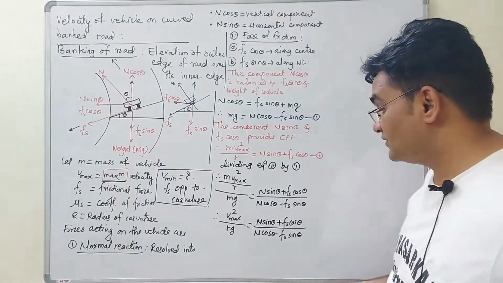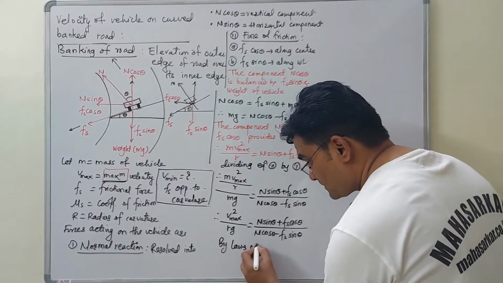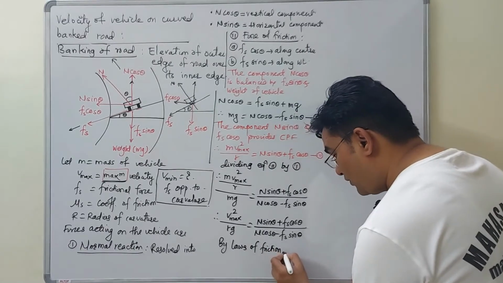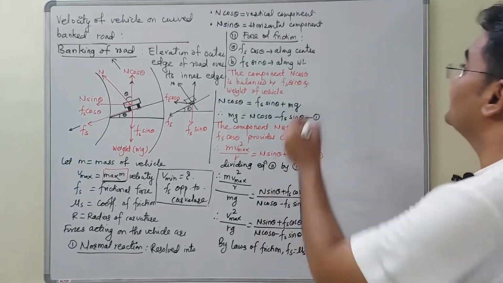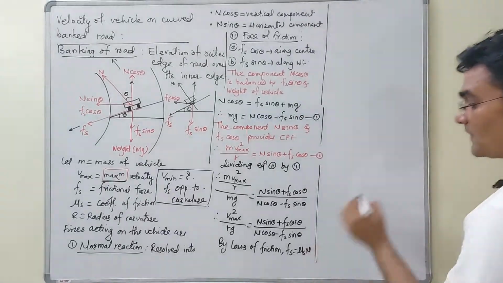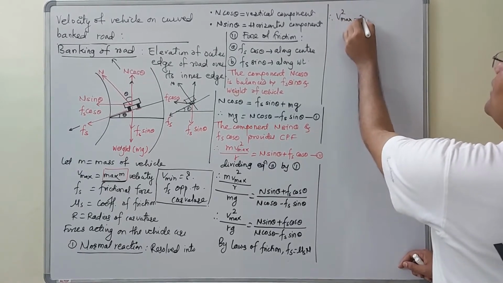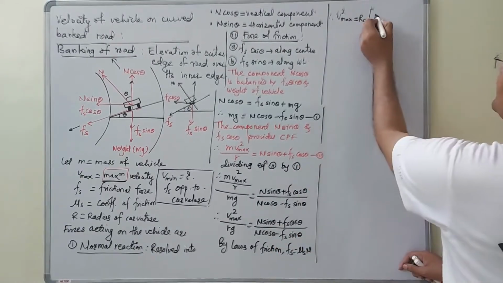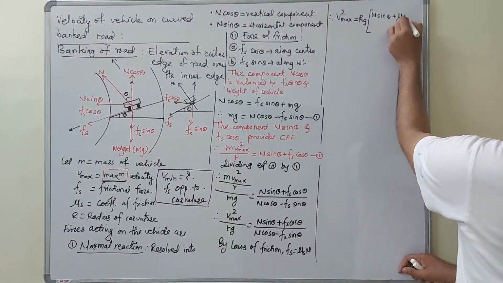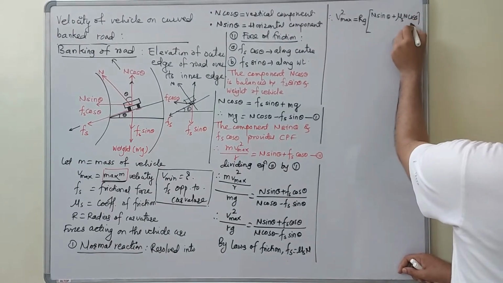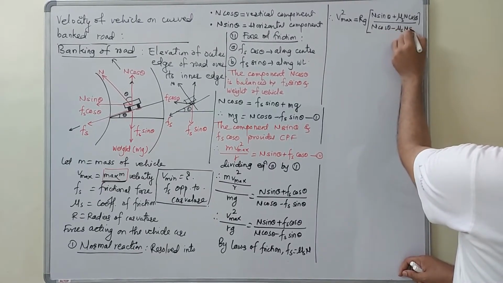If you remember, students, by the laws of friction we have Fs is equal to mu s into N. If I put mu s N instead of Fs, then v square max is equal to rg in brackets, N sin theta plus mu s N cos theta divided by N cos theta minus mu s N sin theta.